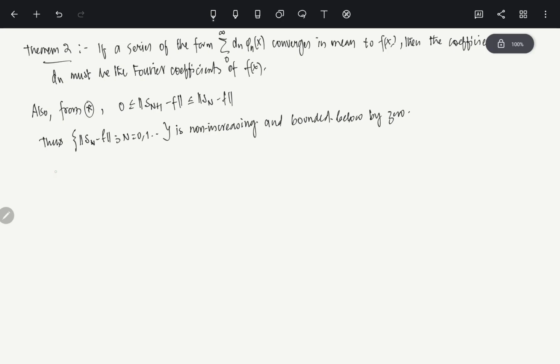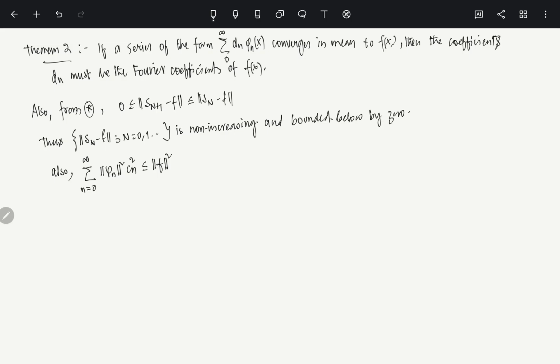Also, we'll have this: the summation from n equals 0 to infinity of phi n squared times cn squared is dominated by the norm of f squared.